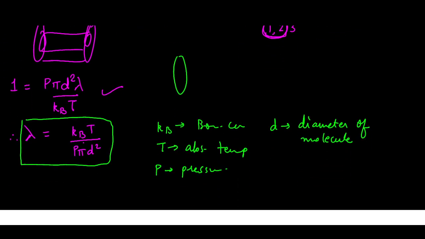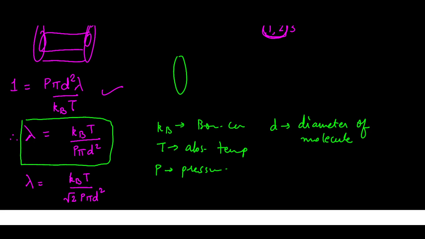we don't get this formula, we get a slightly different formula, right? And it is lambda equal to kBT by root 2 P pi d square.